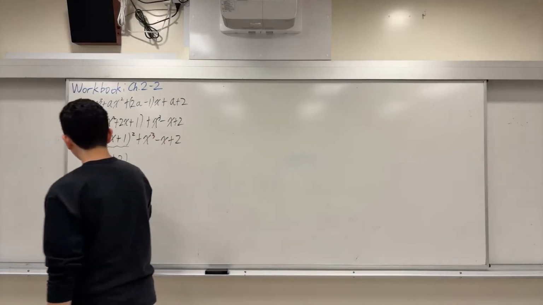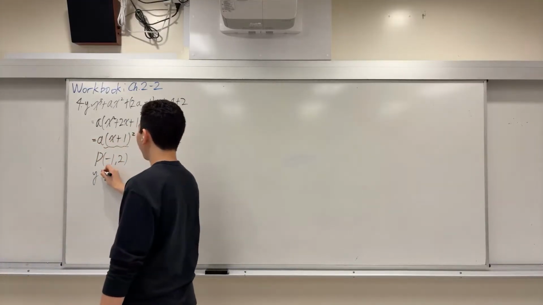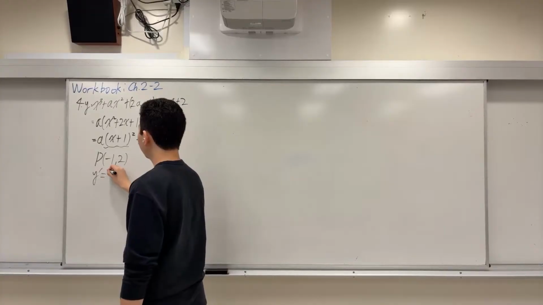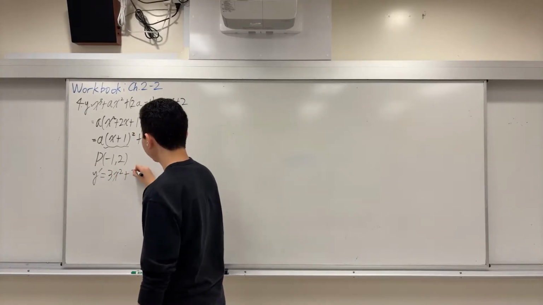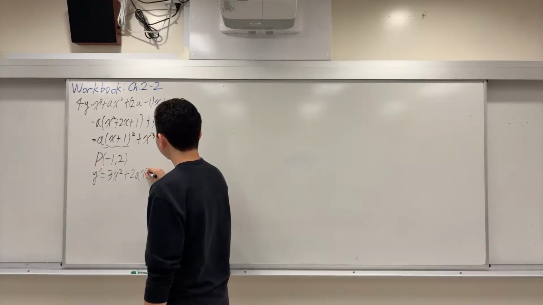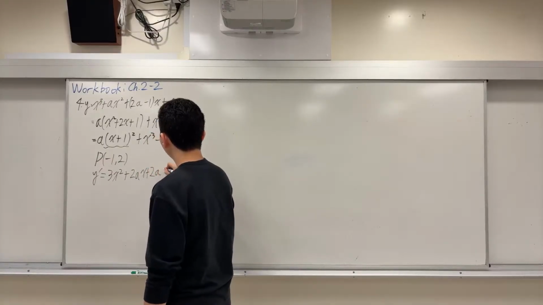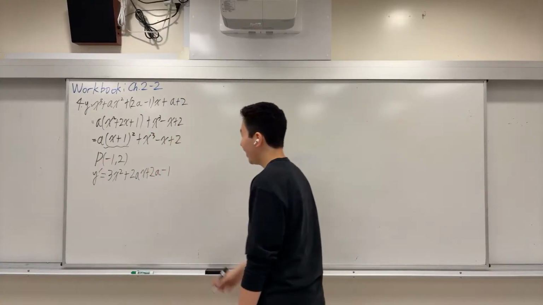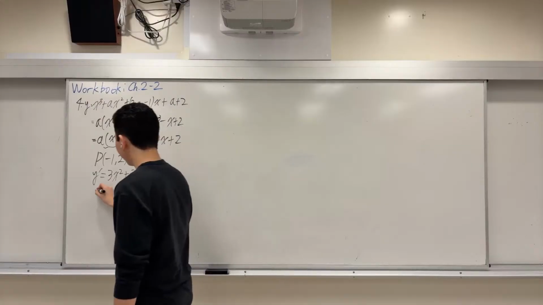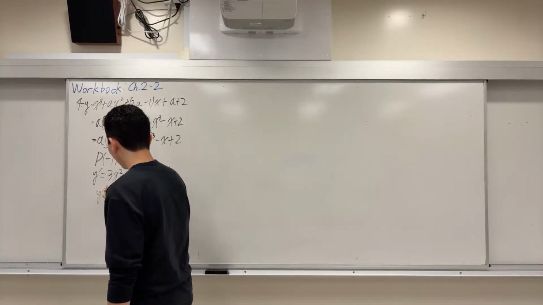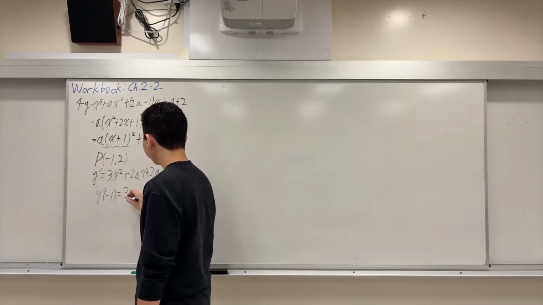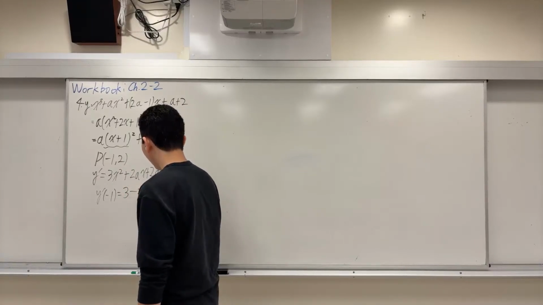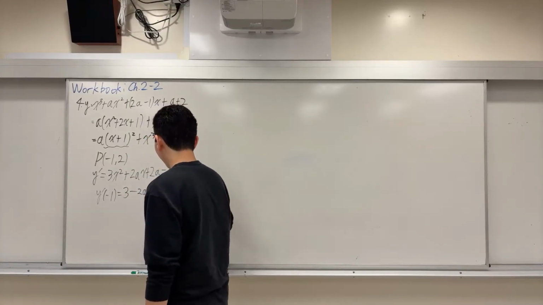Okay, so now it's everything as usual. Y prime, we should find it first. 3x squared plus 2ax plus 2a minus 1 would be our derivative, and our point of tangency is given, so we can plug in negative 1. So y prime of negative 1 would be 3, minus 2a, and then plus 2a minus 1.